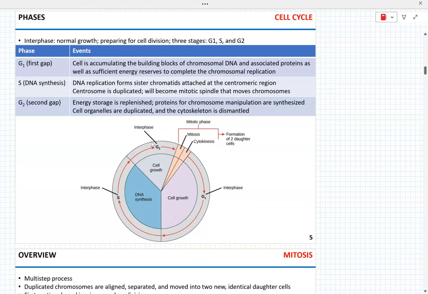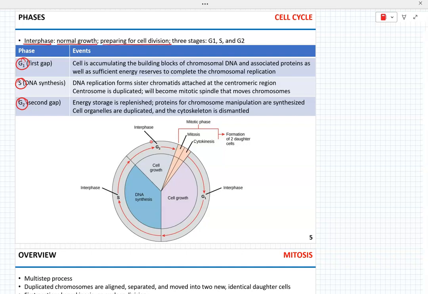So the first phase of the cell cycle is interphase. During interphase, cells grow and prepare for cell division. Interphase consists of three specific stages: G1, S, and G2.